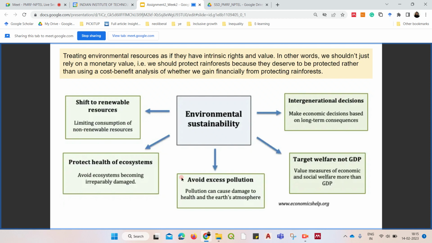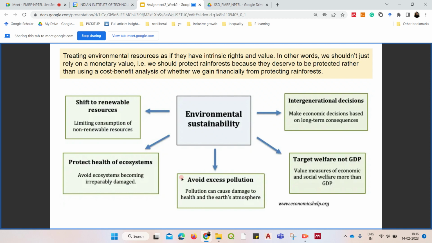What intergenerational decisions basically means is that we make decisions for getting economic output out of environmental resources, but we make those decisions keeping in mind that we are not the only generation who is going to use that resource.